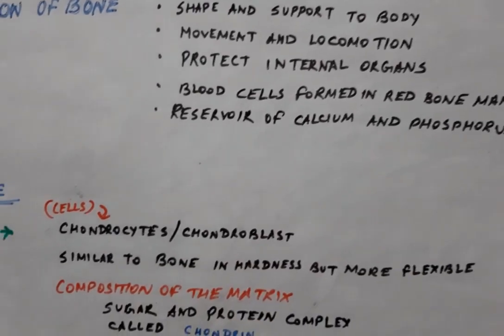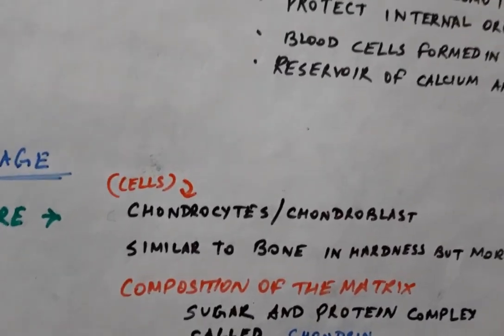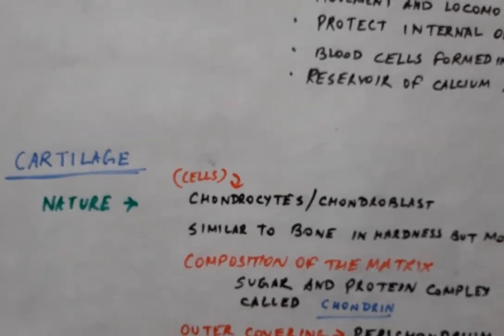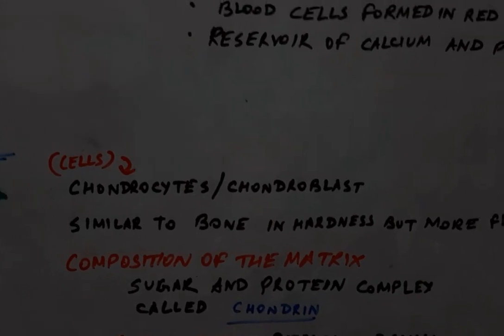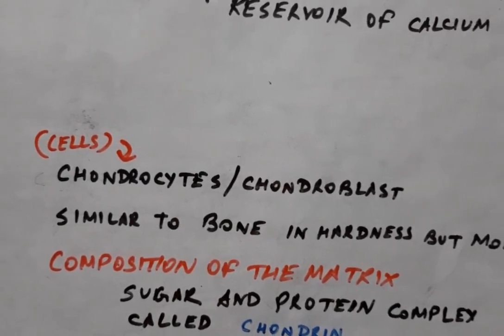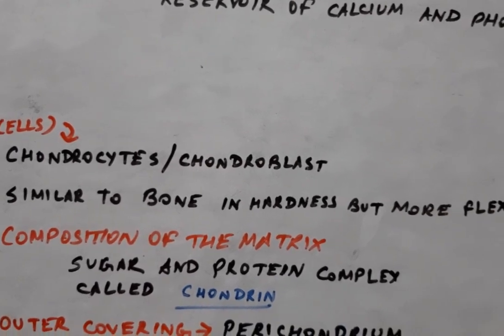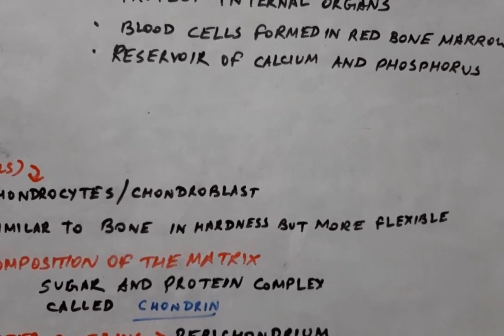Now let's look at cartilage, the second type of skeletal tissue or supporting connective tissue. The cells of the cartilage are known as chondrocytes or chondroblast cells. Generally they are similar to bone in hardness, but they are more flexible than bones.